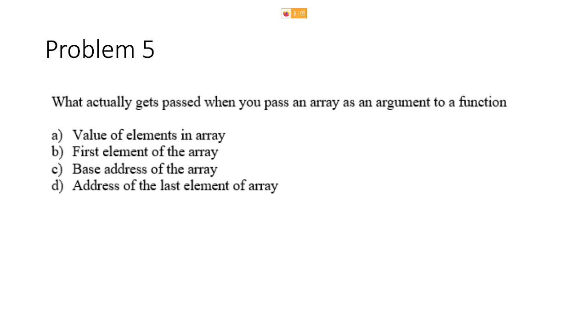Hello, ma'am. Am I audible? Yes, you are audible. Yeah, I think it's option C. Yeah, that's correct. So both of you gave the right answer: when we pass an array as an argument to a function, the address of the array is passed.